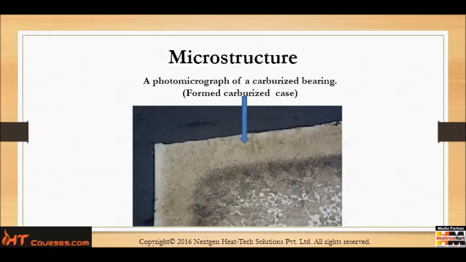This is a photomicrograph of a carburized bearing and the formed carburized case. The arrow is pointing to the formed carburized case.